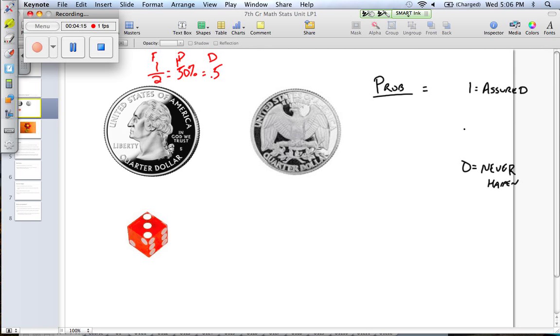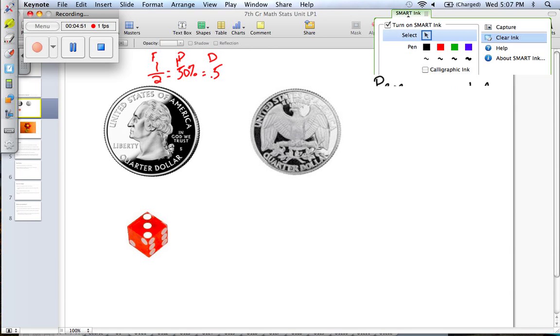And probability of 0.5, or 1 over 2, is neither likely or unlikely. Okay? Common sense, really. If something is going to happen 75% of the time, then that would be much more likely than something that was going to happen 10% of the time, or 1/10.